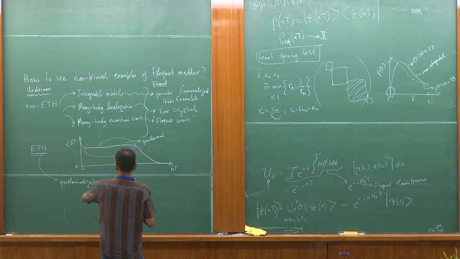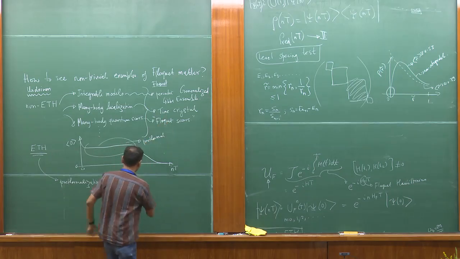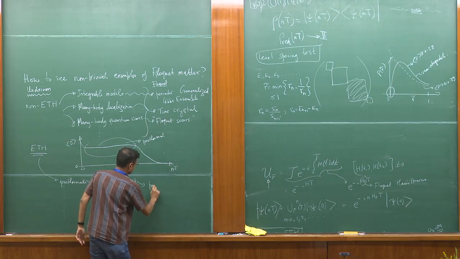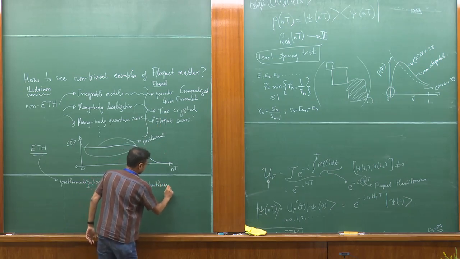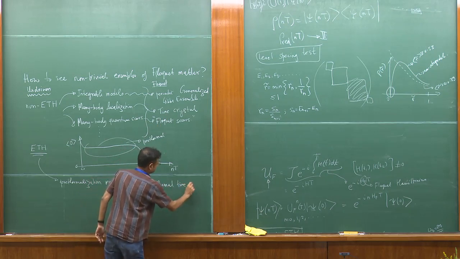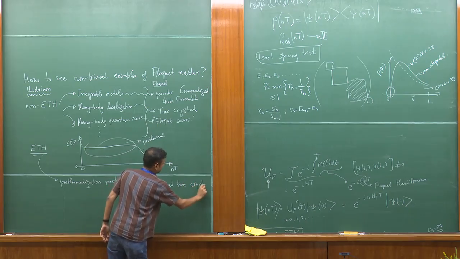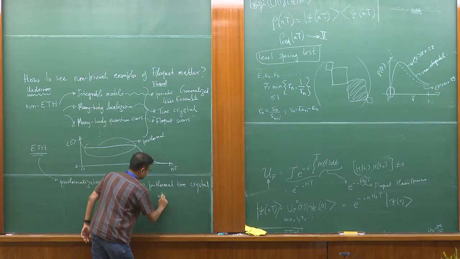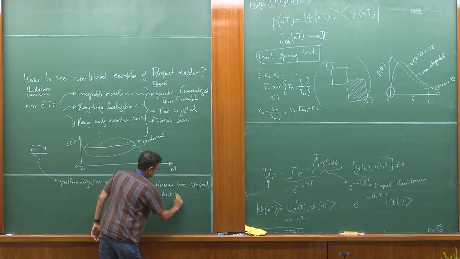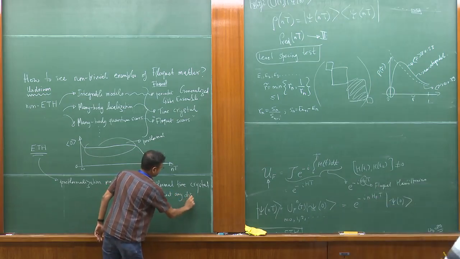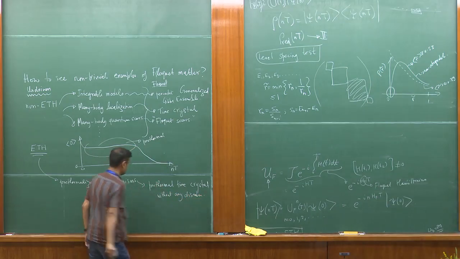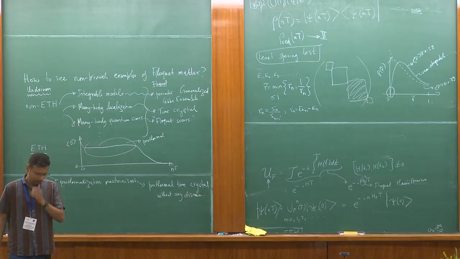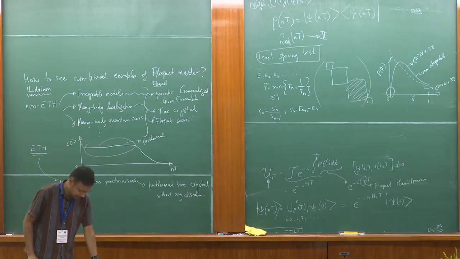But I'll at least hope to show you an example where you can get a pre-thermal time crystal without any disorder. Okay, so without any disorder.